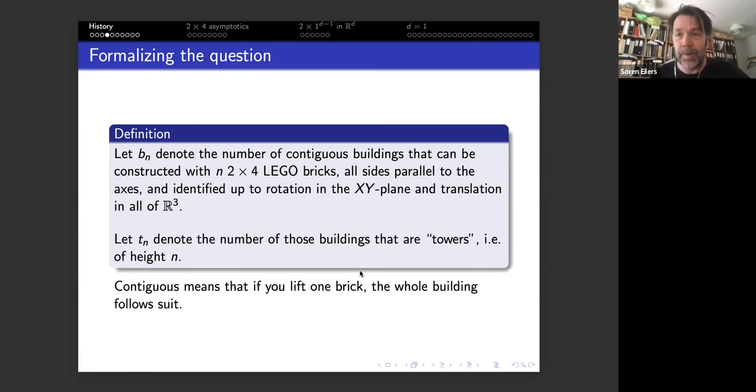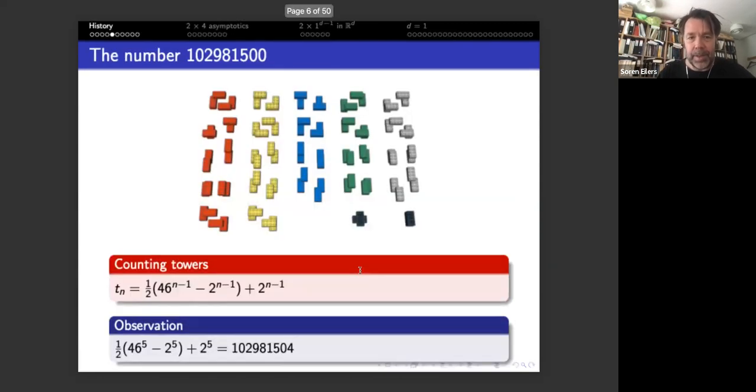And the number we're talking about is B6 when we have 6 bricks. I'm also going to talk about a special class, the towers. Those are the ones that have the maximal height. If we start small, this is always a good idea when you're doing a math project: if 6 is too hard, go back to the easy cases.